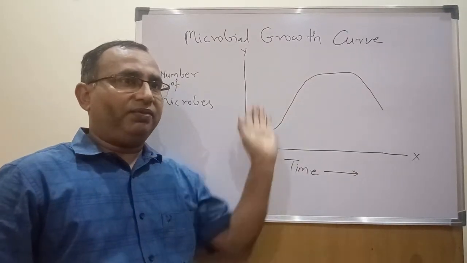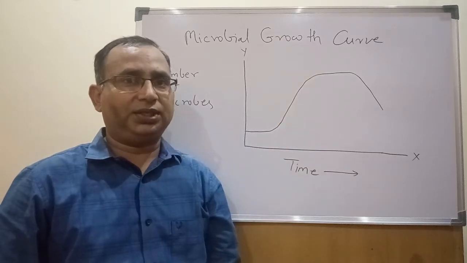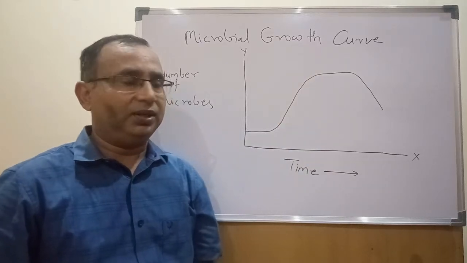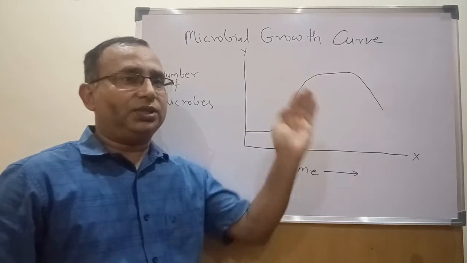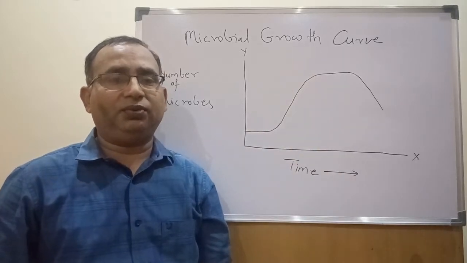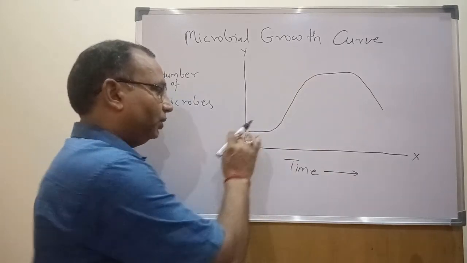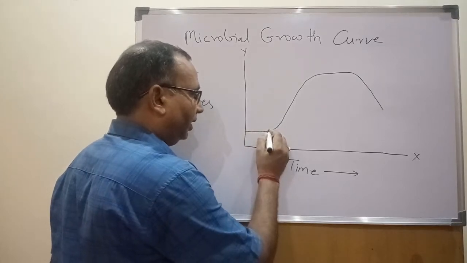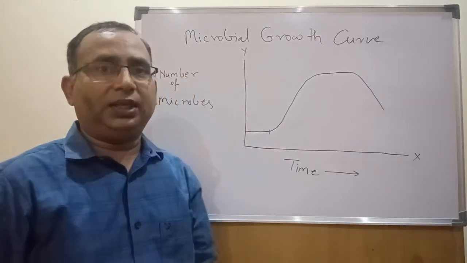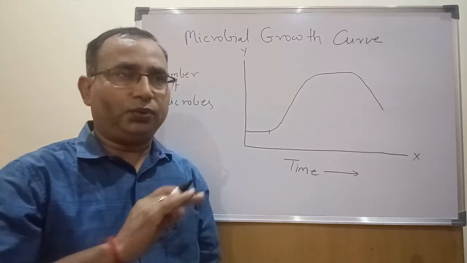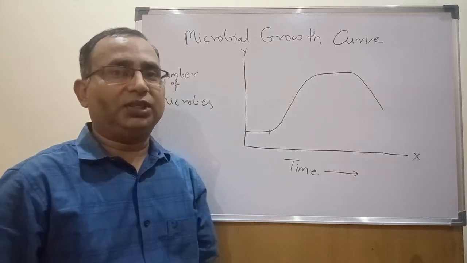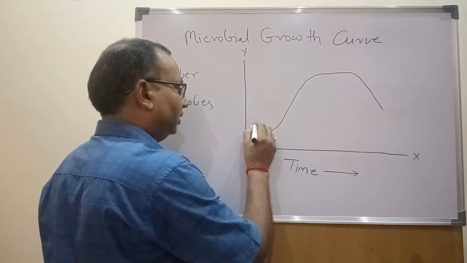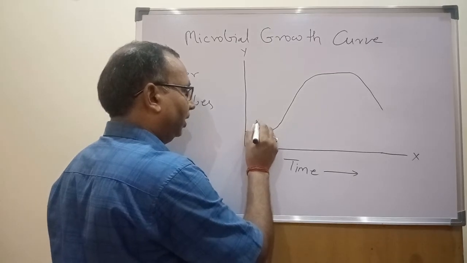If we look at the different segments of this microbial growth curve, we can divide the whole curve into different segments. Suppose the first segment, where no microbial growth is observed, or the total microbial population remains constant, say it is segment number 1.